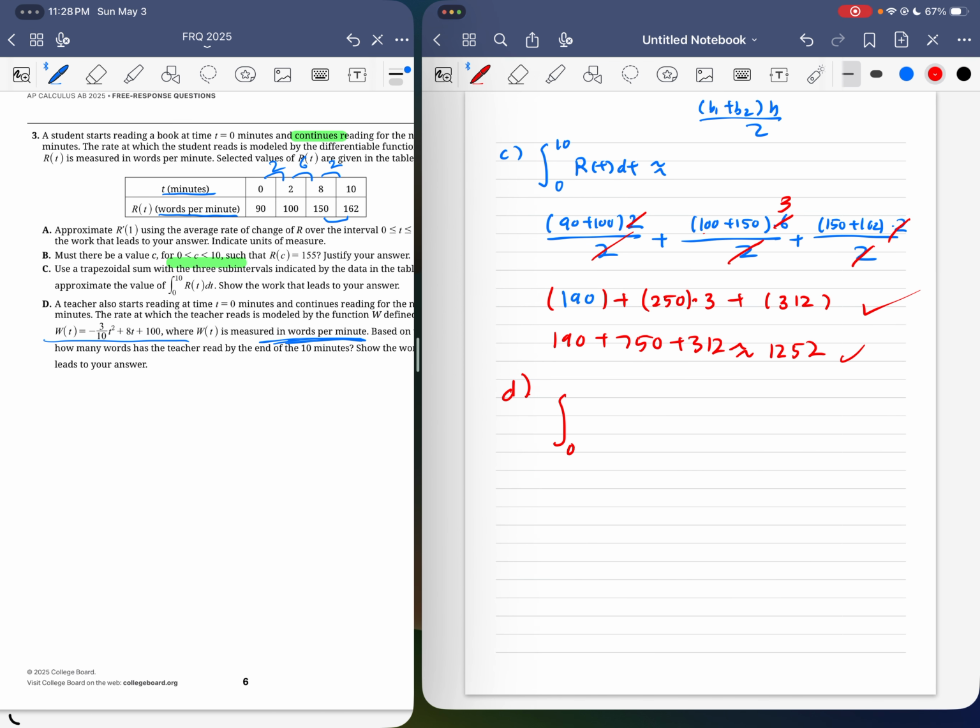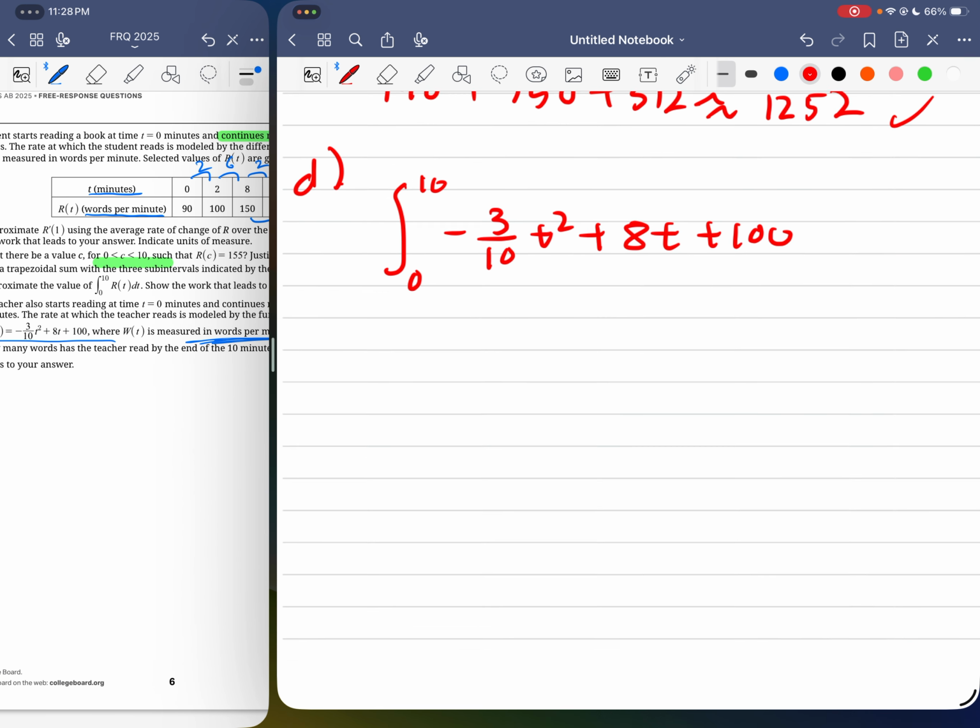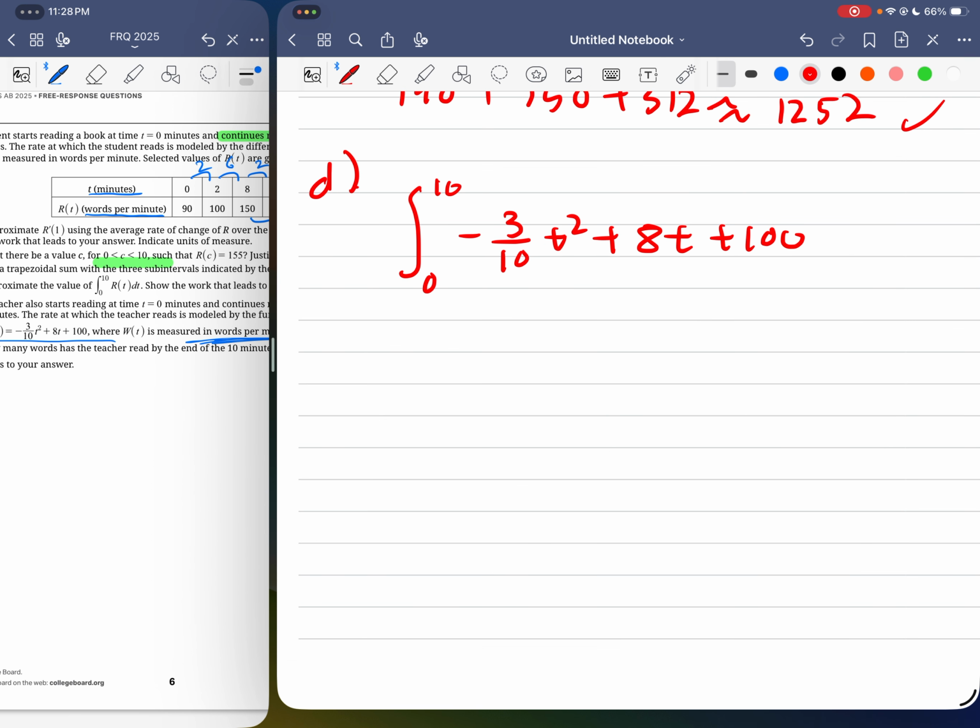So from 0 to 10. Oh, it's non-calculator. So we actually have to calculate this without a calculator, which is a piece of cake. Again, you don't have to simplify everything, so keep that in mind. So let's do this. Antiderivative, so plus 1.